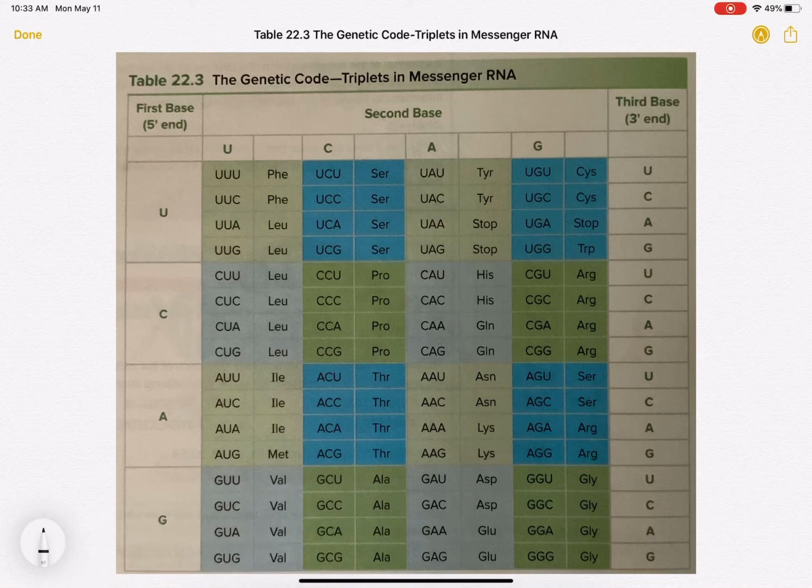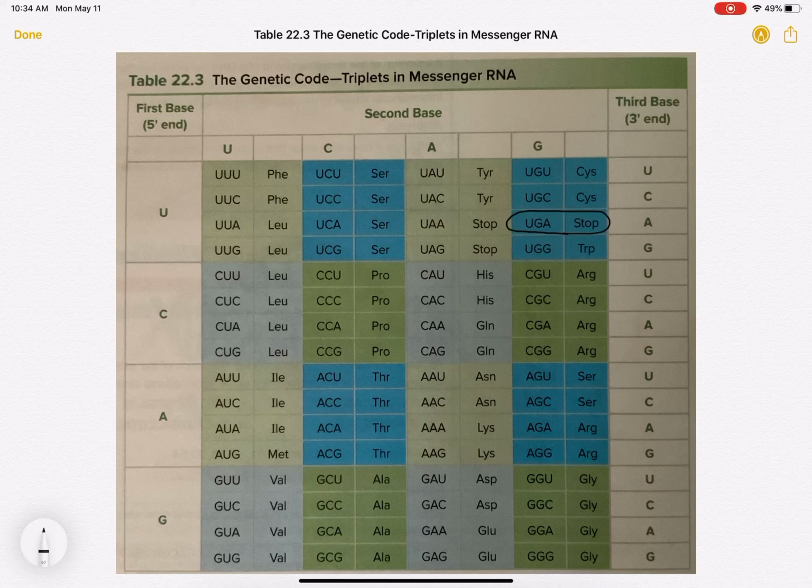So you'll notice that some of these do not code for an amino acid. Some of them code for stop, which instructs that the protein has finished synthesis. And so the ribosomal RNA, when it reads that, it knows that the protein is done being synthesized.